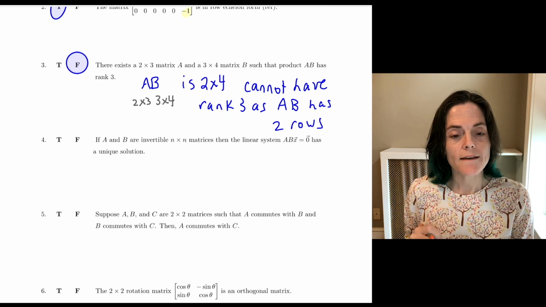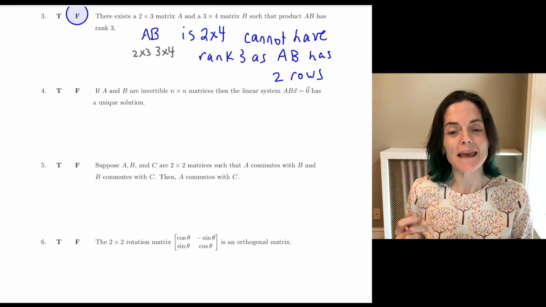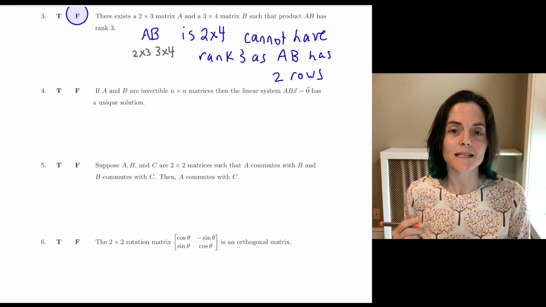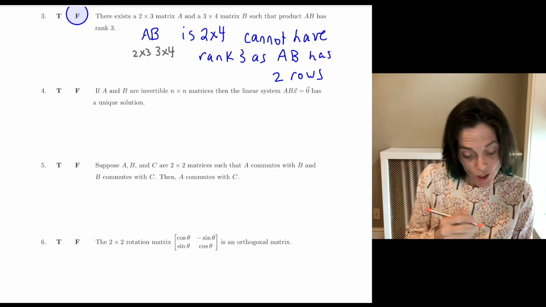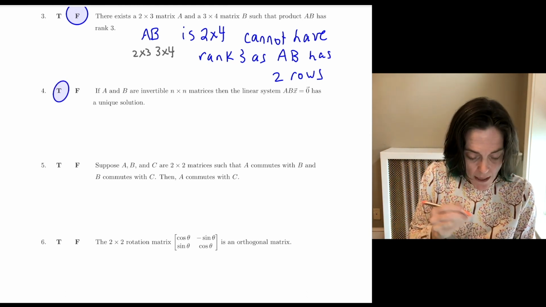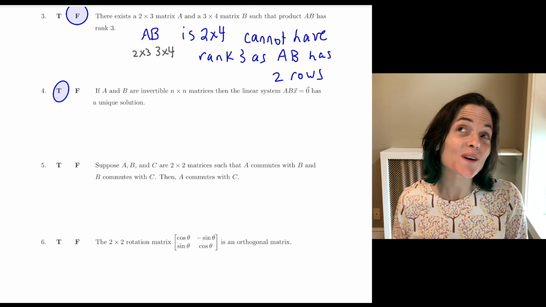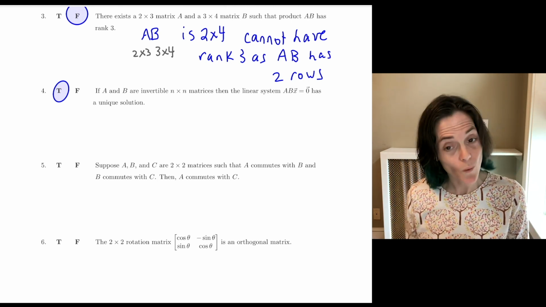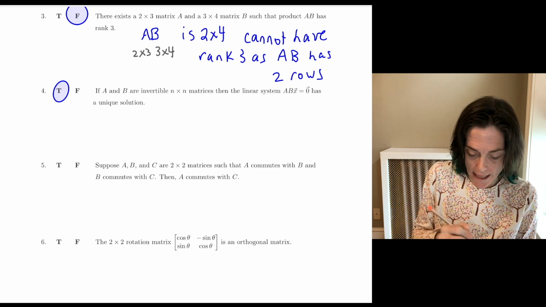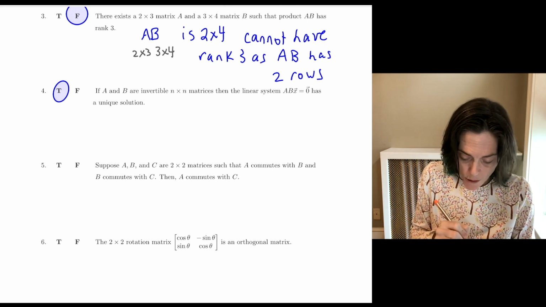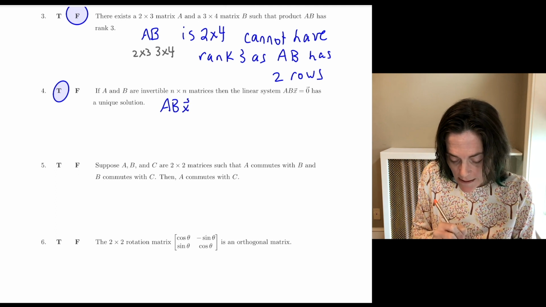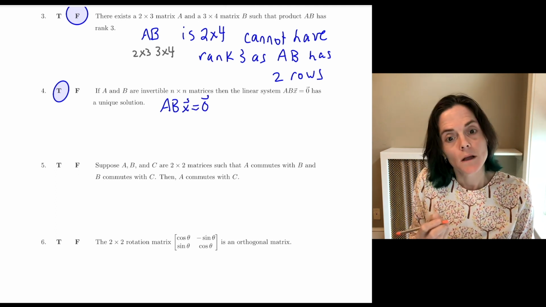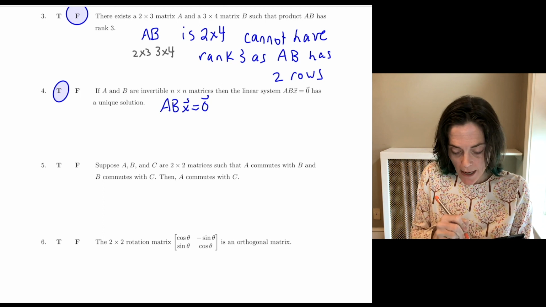Number 4, if A and B are invertible n by n matrices, then the linear system AB times X equals 0 has a unique solution. Sure, this is true. Well, the product of invertible matrices is invertible. That's one way to think about it, but also we could just multiply. So if you want to solve ABX equals 0, we can multiply both sides by A inverse.